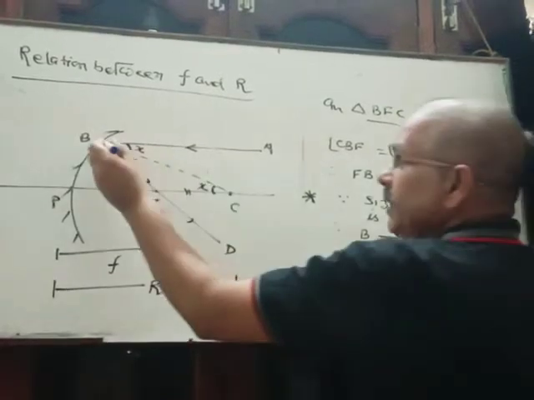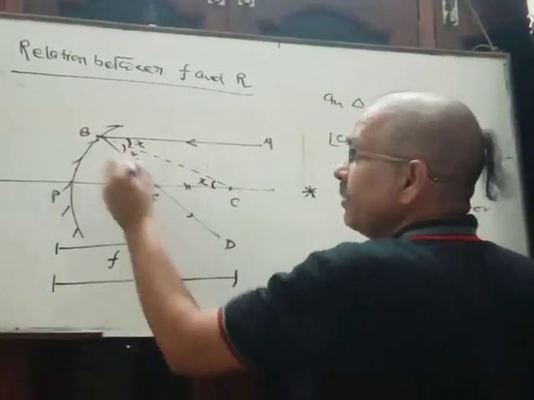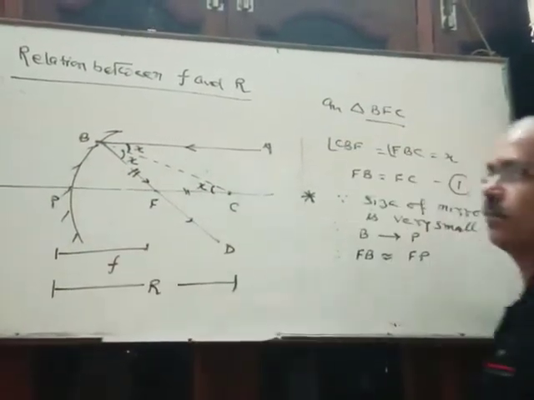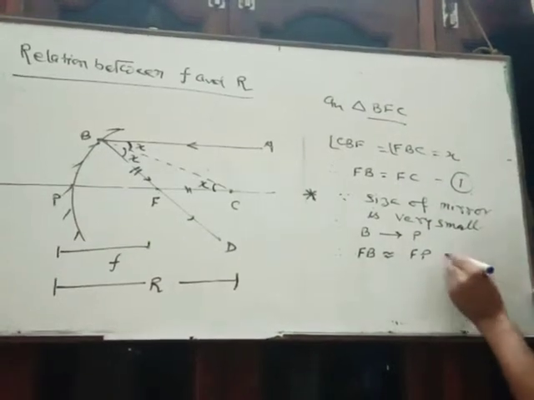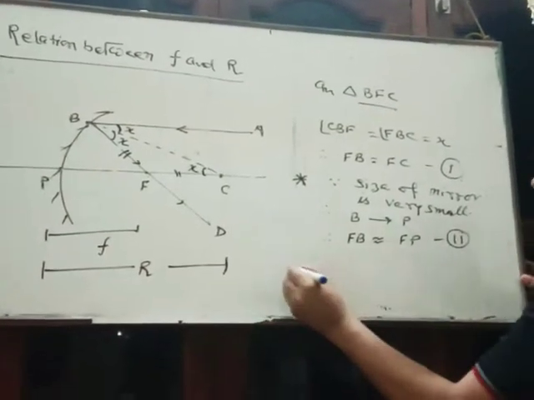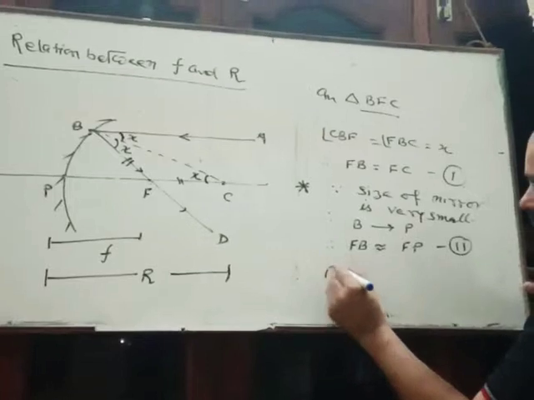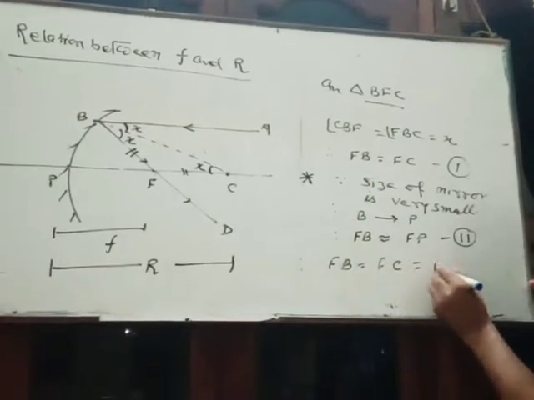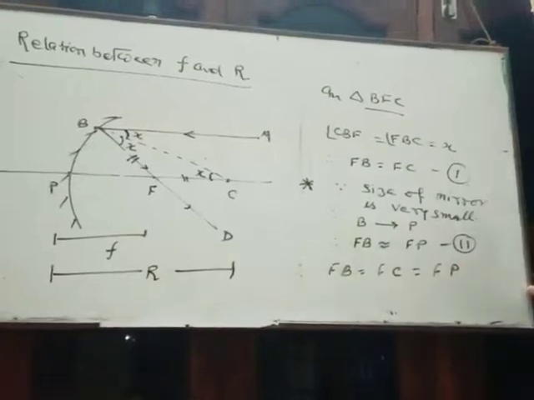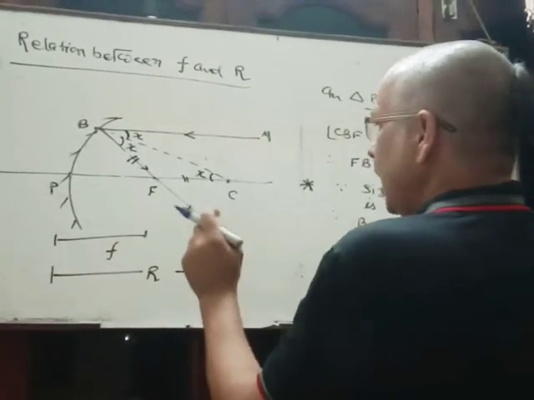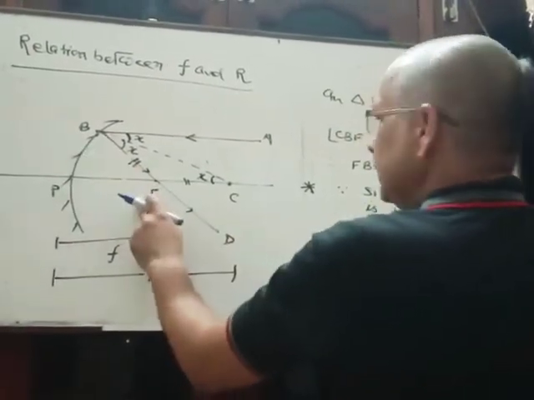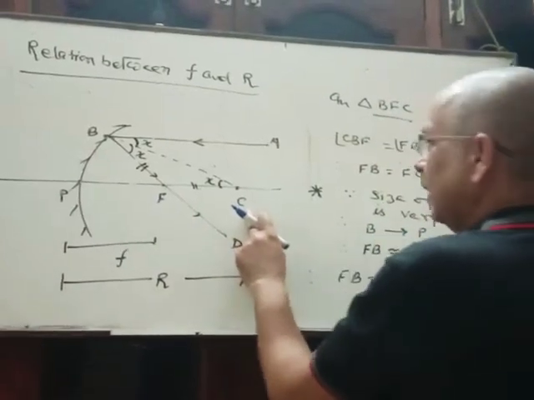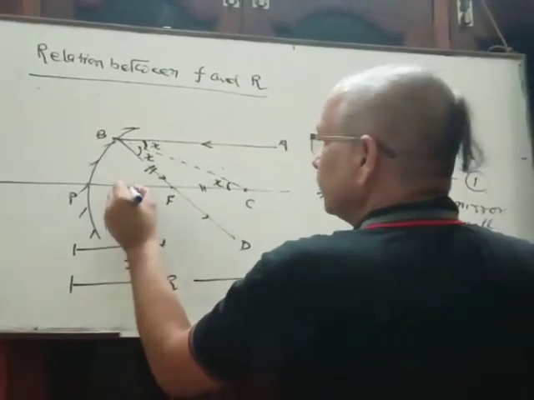If point B is very close to P, then FB is equal to FP. Correct? So it is your second equation. So see here, FB is equal to FC and FC is equal to FP.